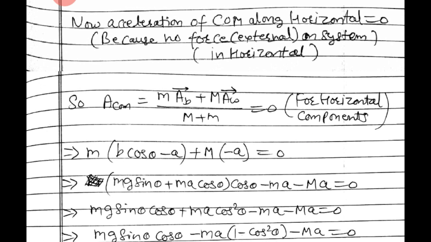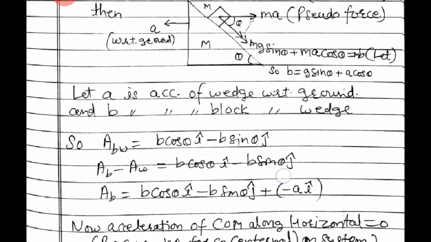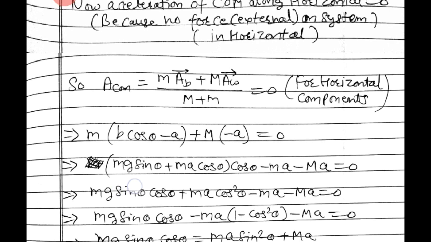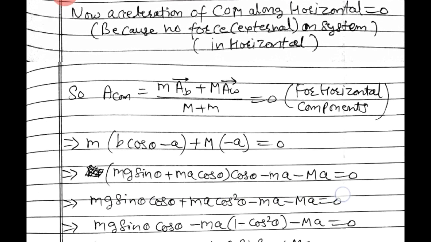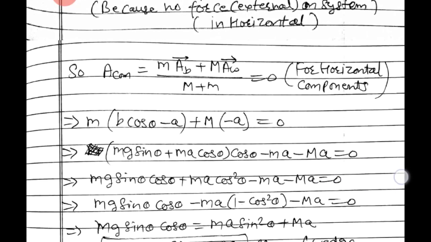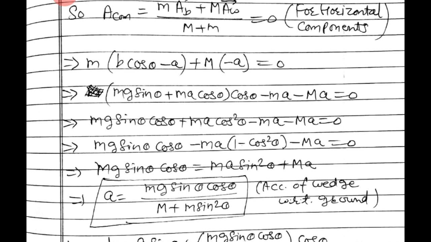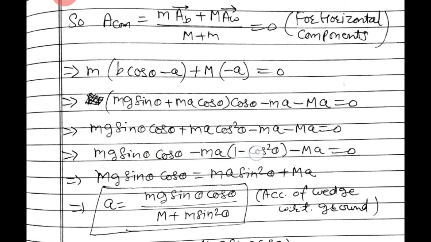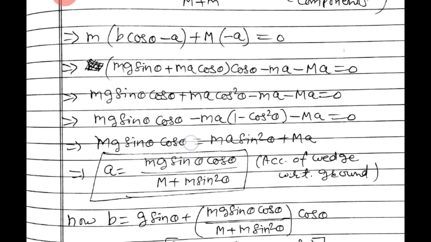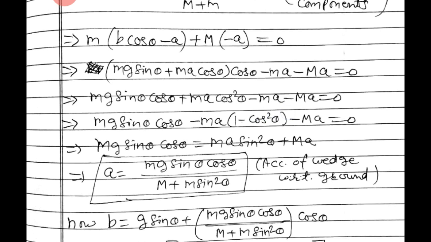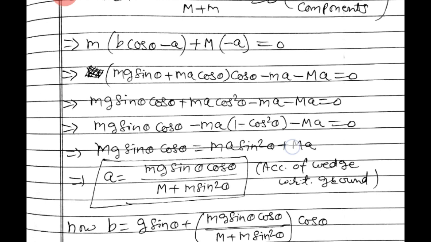Okay, so when we will put value of small b from here, then we will get m (g sin theta plus a cos theta) cos theta minus ma minus capital M into a is equal to 0. Solving this, we will get mg sin theta cos theta plus ma cos square theta minus ma minus capital M a, and when we will take minus ma common from here and here, then there will be only the bracket of (1 minus cos square theta).